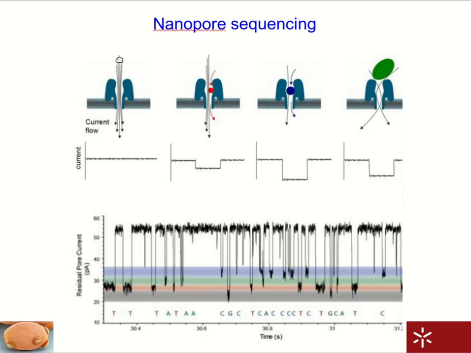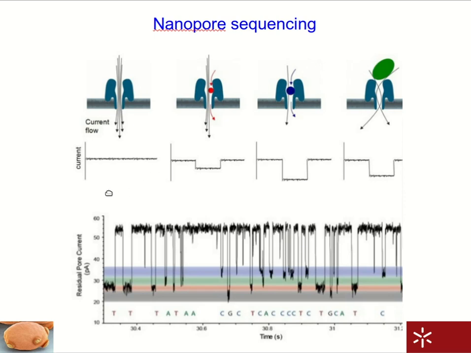You have a certain flow of ions if you apply an electrical field across this membrane, and you have a certain current that goes through. If you block the pore, more or less, you get a different signal, a different decrease in the amount of ions that can flow through. And this depends not only on the size, but also on the chemical properties of the molecule that is blocking.